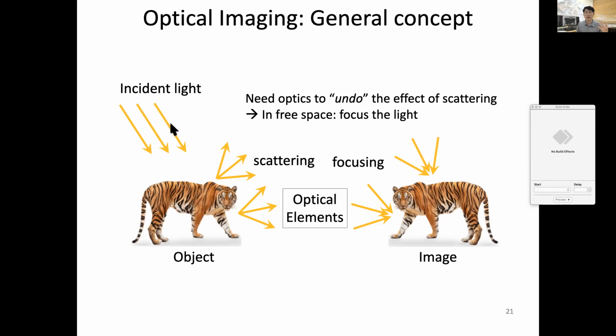There is always ambient light coming, and at each object point of the tiger, the light will interact and scatter out. Remember, scattering is when a photon, or any kind of particle, deviates when it hits an inhomogeneity. So there comes the scattering from one point.